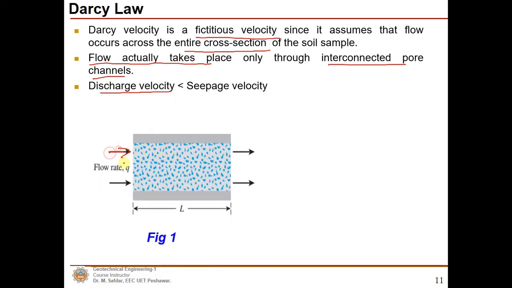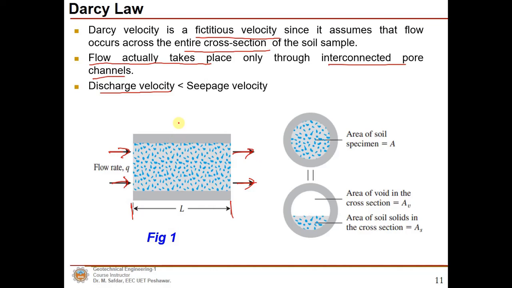Let's take that the flow is occurring from the left side, from this point till this point. If we take the cross-sectional area, this is the total area of that soil element. That area can be divided into the area of voids and area of solids. Actually, the flow is occurring through these voids.